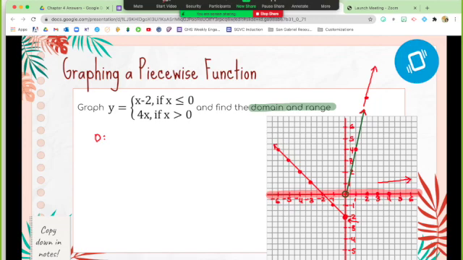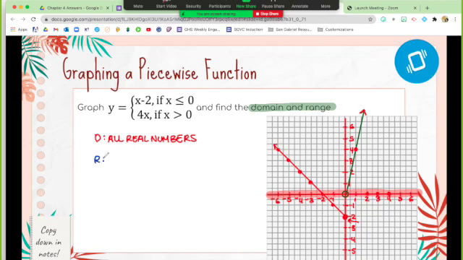And because every point is being used on this image on the x-axis for our domain, we could say the domain is all real numbers. Cool. Let's look at the range.